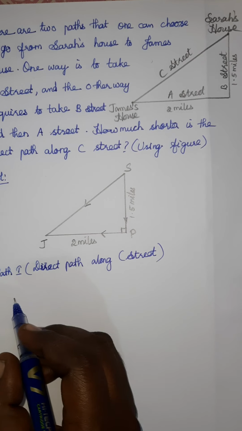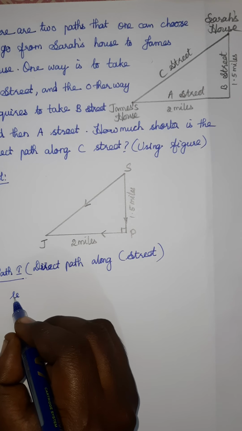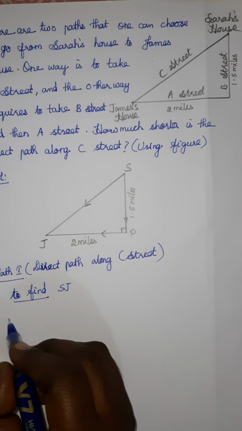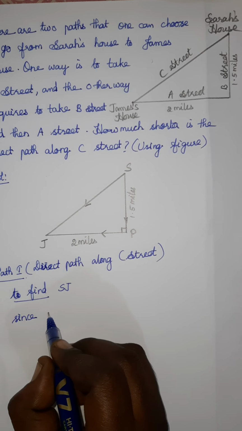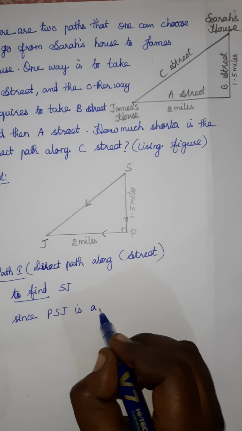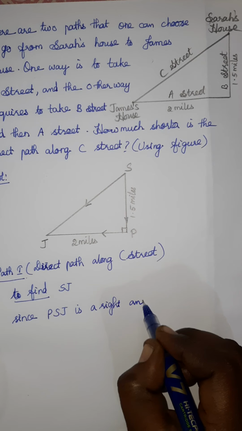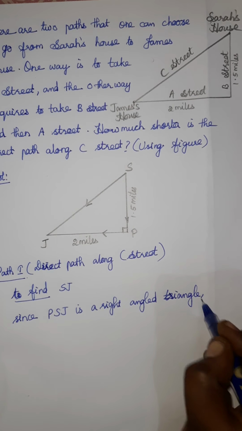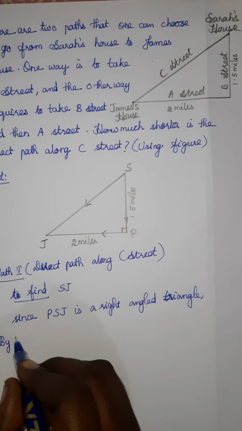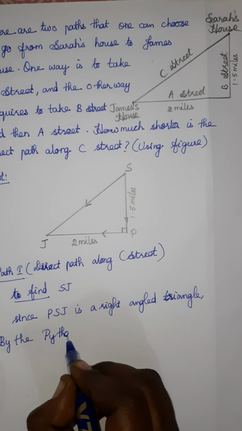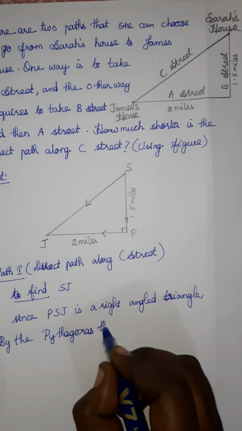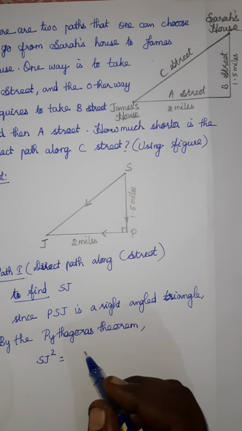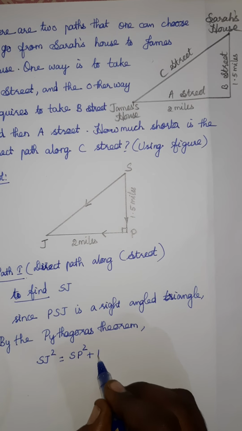Now we need to find SJ. Since PSJ is a right angled triangle, by the Pythagoras theorem, SJ square is equal to SP square plus PJ square.